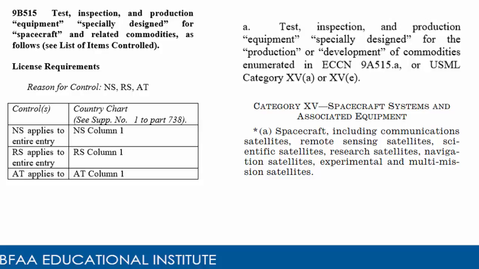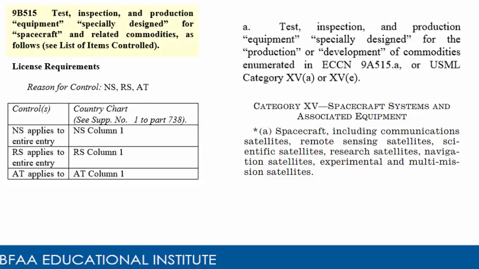Category 15, Spacecraft Systems and Associated Equipment. The A notation, spacecraft, including communication satellites, remote sensing satellites, scientific satellites, research satellites, navigation, experimental, and multi-mission satellites. So just want to bring back the reference to ITAR before we move over to the CCL, which is what we're going to do right now.